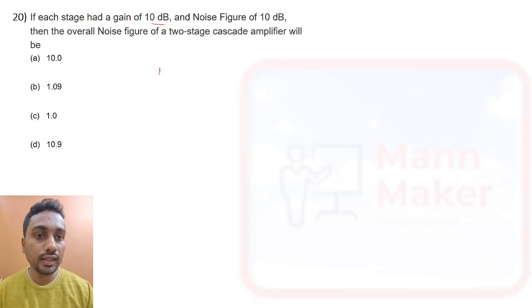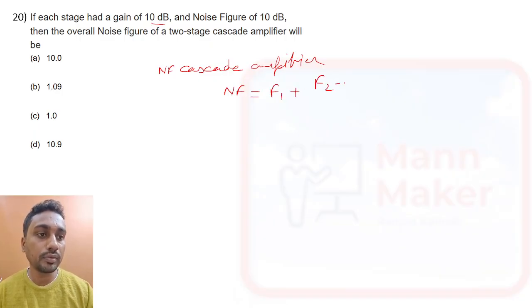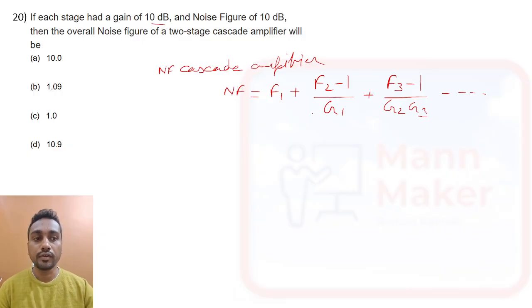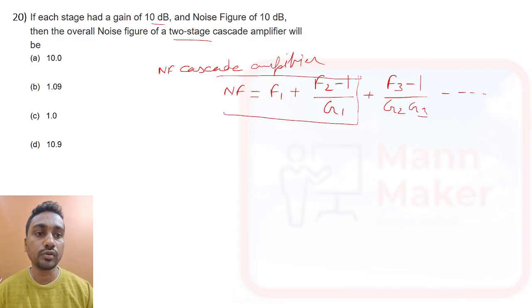If we see the formula for the noise figure of a cascaded amplifier, NF is equal to F1 plus F2 minus 1 divided by G1, plus F3 minus 1 divided by G1 G2, and so on till n. Here we need to find for two stages, so we calculate till here.